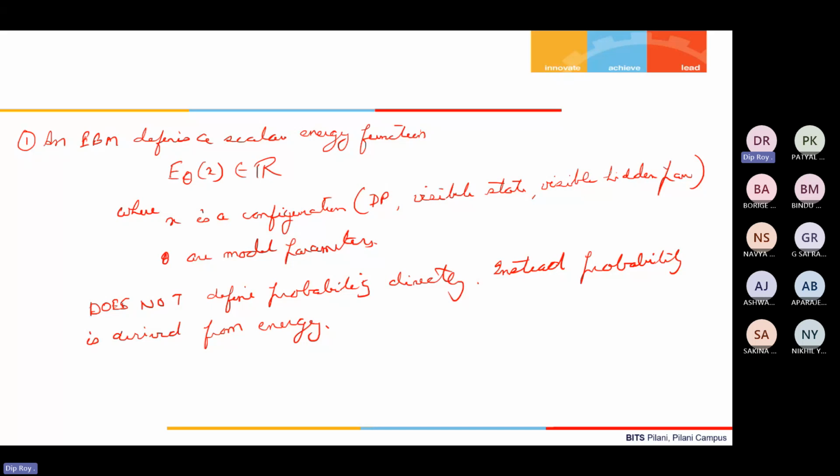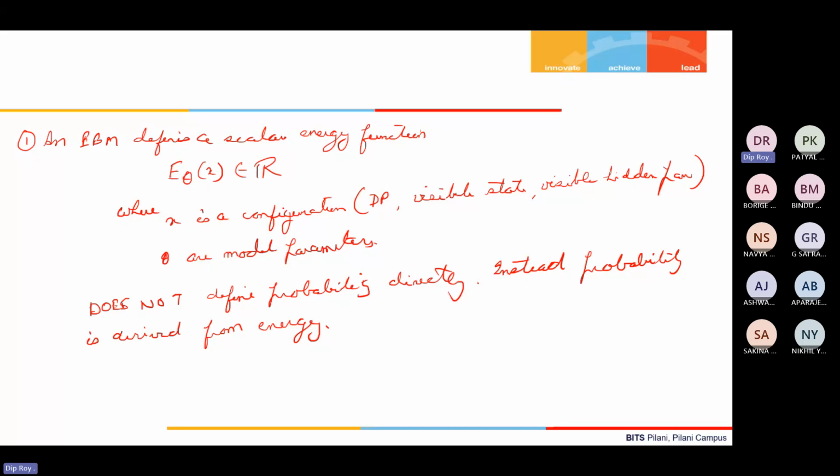The key thing to note here is that an EBM defines a scalar function. It takes x and gives a real number as a scalar output. This function has theta as its model parameters, and it does not define a probability distribution directly. We will derive the probability distribution from this energy function.